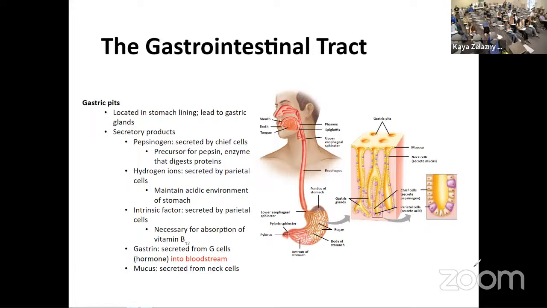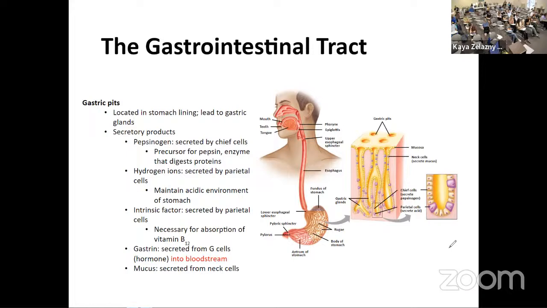Another thing that those parietal cells are secreting, which is not on this figure, is something called intrinsic factor. So this is going to be necessary for absorption of vitamin B12, which is an important vitamin for your body. Also not pictured are gastrin molecules.